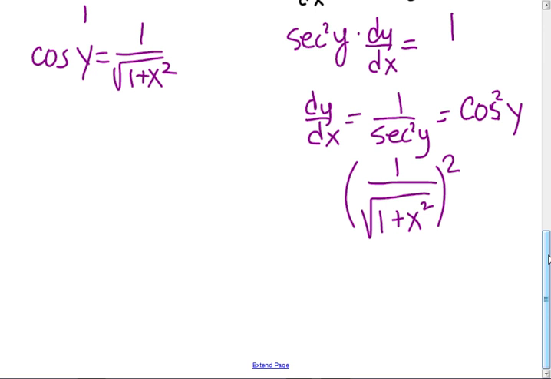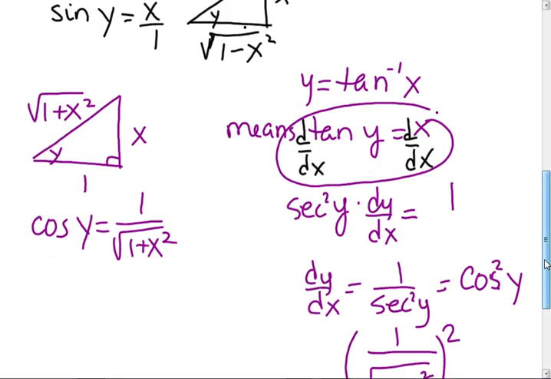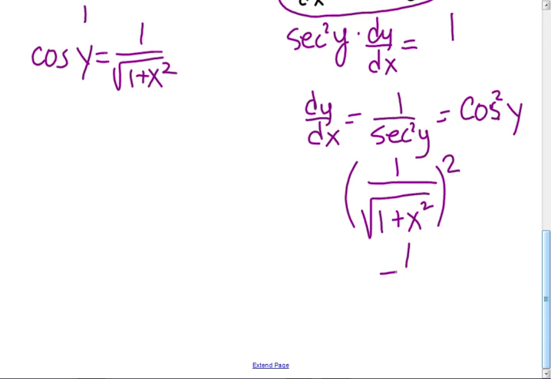You can do it either way. I can either work with the secant or I can work with the cosine. Because my triangle was different, I have the tangent of y equal to x. It's a different angle now. And that ends up being 1 over 1 plus x squared.